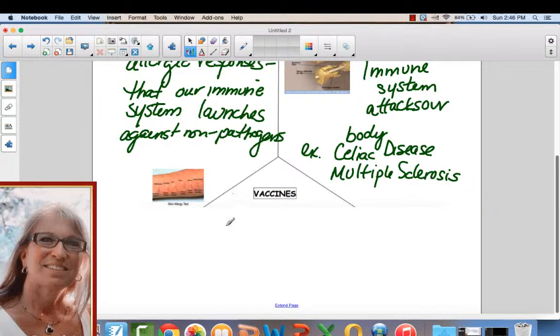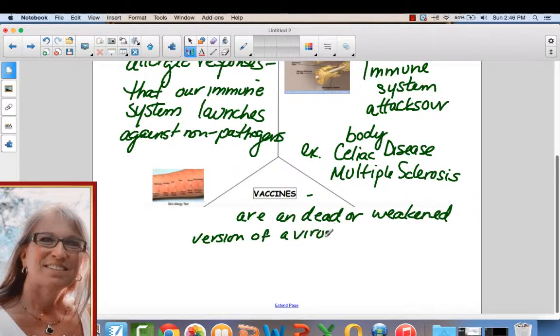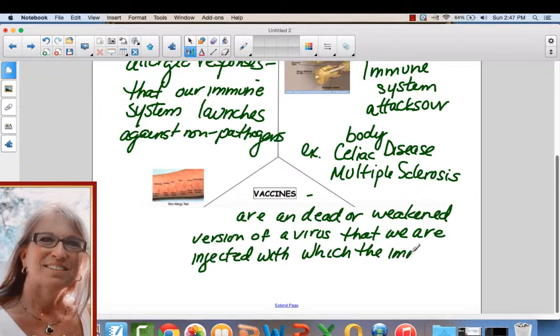Okay, and lastly we have vaccines. Vaccines are a dead or weakened version of a virus that we are injected with, which the immune system uses to prepare for the real battle.